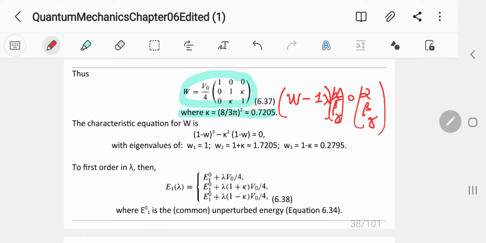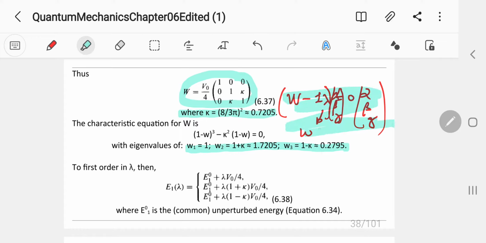And then, I'm sorry, this lambda would be W. So each W here would give you these values. So I have to still remember how to find the eigenvalues.